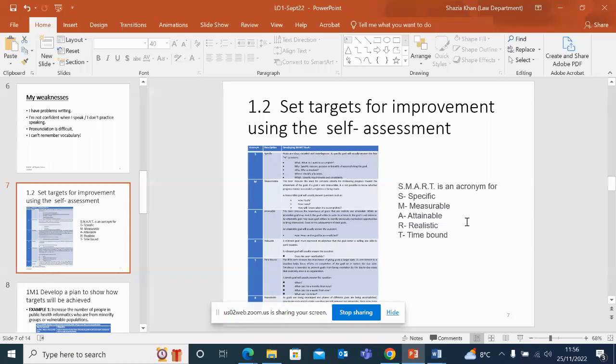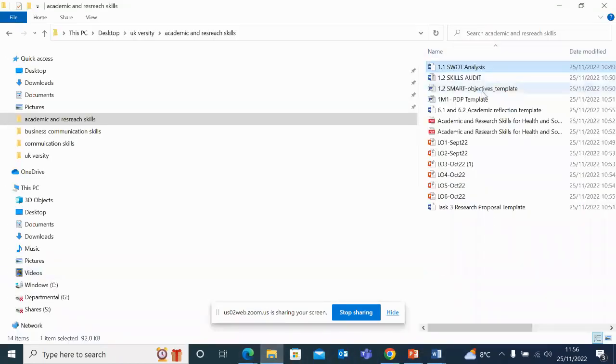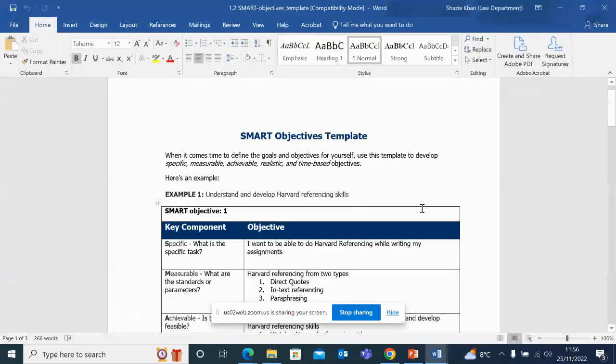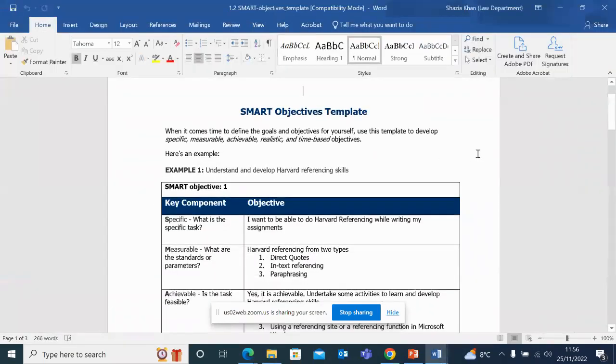It's normally 3 to 4 weeks, and I'm going to bring up this template, which gives you more of an idea. So here's an example, and this is a SMART objective template. Hussein and Farida, this is an example for you in regards to Harvard referencing.